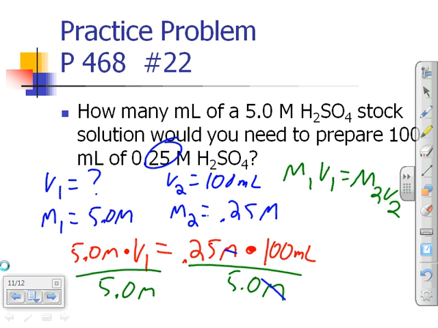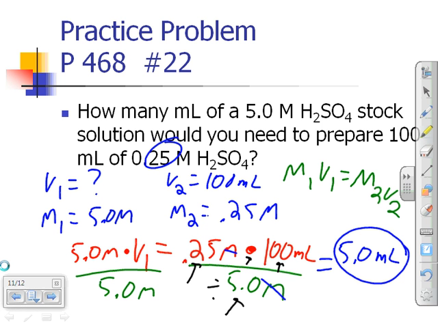Our molar units will cancel, and we will end up with 0.25 times 100 divided by 5.0, and we will end up with 5.0 milliliters. You should always check your answer.